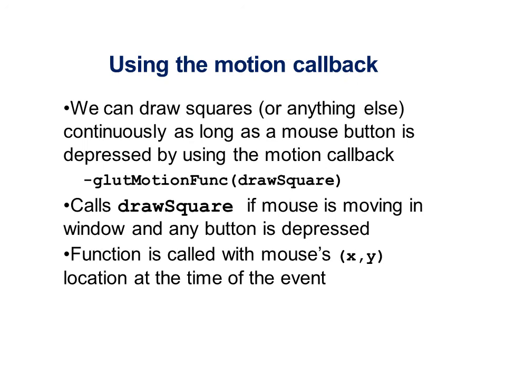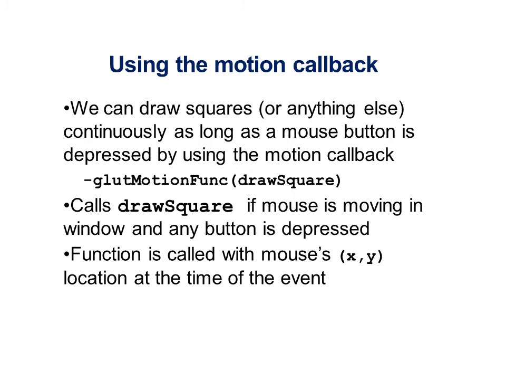This is an interesting example where we can draw a square as long as the mouse button is pressed by making use of a function called glutMotionFunc. When you use this glut motion function, that means whenever the mouse is in motion, whenever the mouse is moving, then we can go for drawing a square.